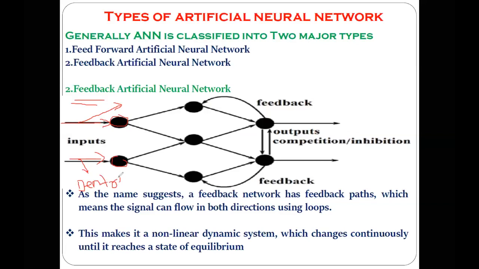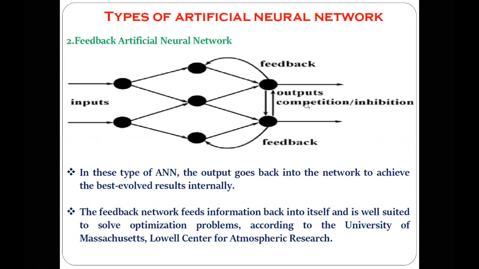Yes, exactly. We can call this input dendrites if you compare it to the biological neuron, because the work of the dendrite is just to take the input from other neurons and pass it to the next neuron. Understood? So you can also refer to this input as the dendrites, if you compare it with biological neurons.